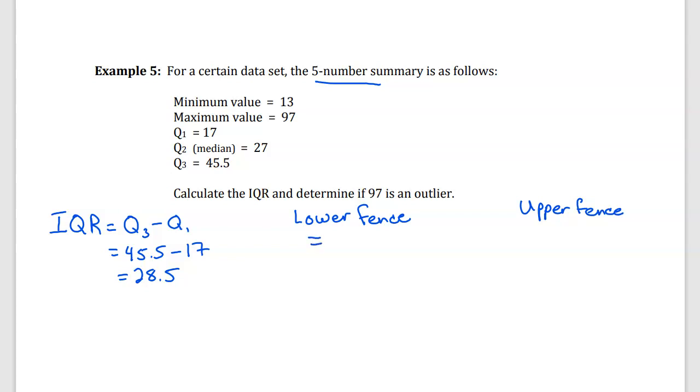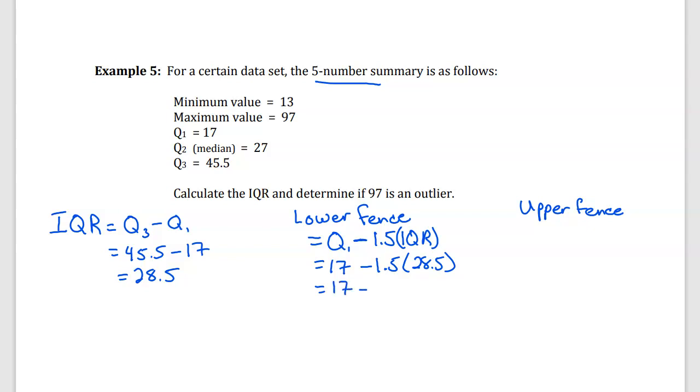So the lower fence will start at Q1 and we will subtract 1.5 times the IQR. So we'll start at 17 minus 1.5 times 28.5. And this 1.5 is a standard value that will not change. Okay?